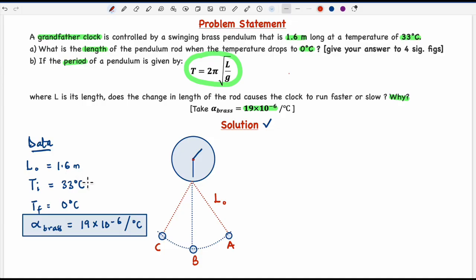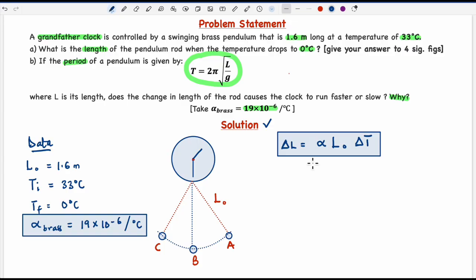Applying the linear expansion of materials, any material when heated expands by some amount, which is given by delta L equals alpha, which is this property of the material, in this case 19 times 10 to the power minus 6 per degree Celsius, multiplying the original length of the material and also the change in temperature. So this equation here is what we need to solve this problem, since we are looking at the linear expansion of this pendulum rod.